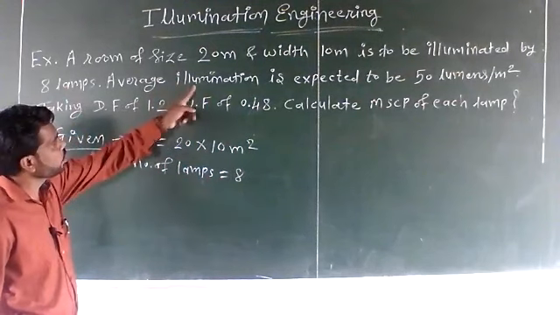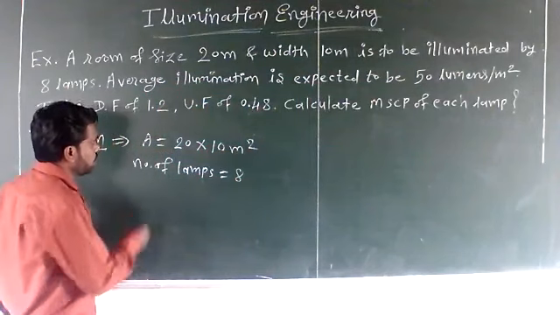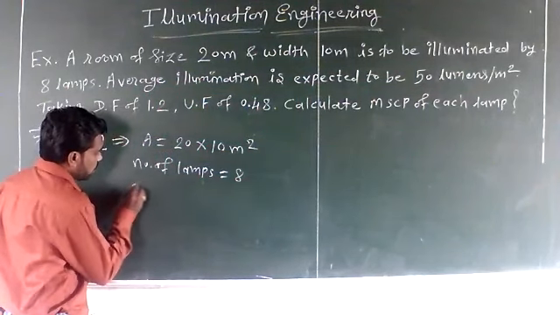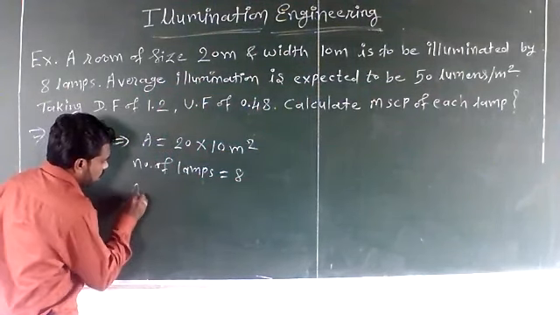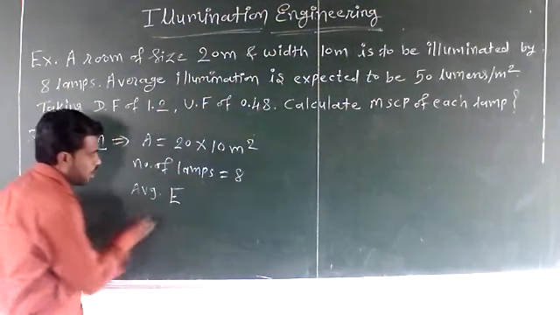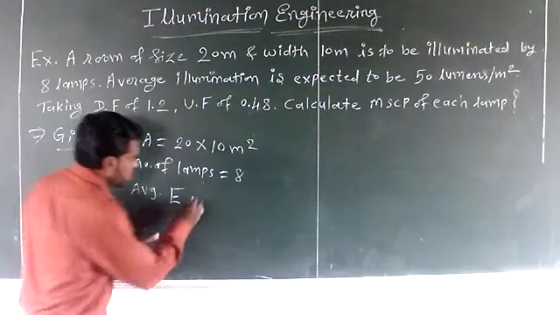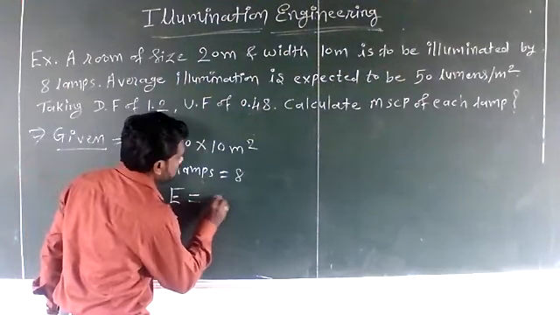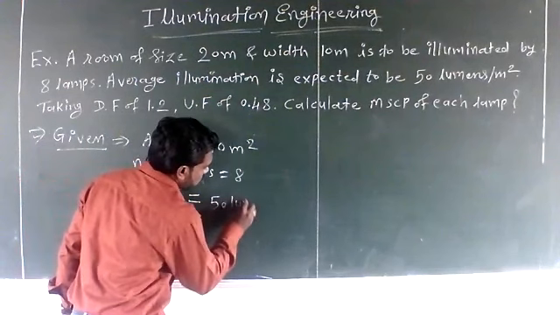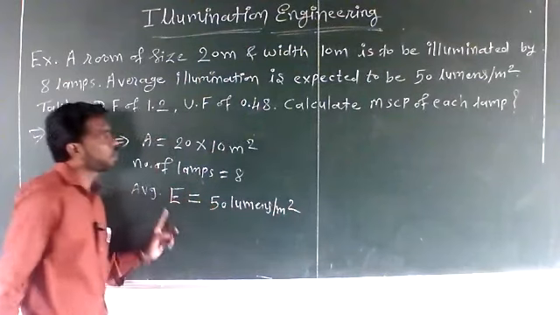Then average illumination is expected to be 50 lumens per meter square. That means illumination is given. So here I can write average illumination capital E. Illumination is denoted by letter E. So illumination is given as 50 lumens per meter square.